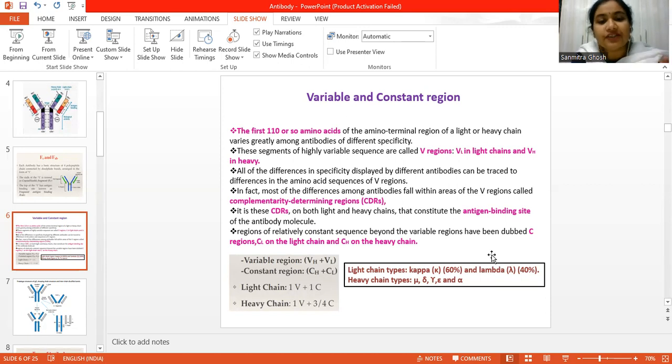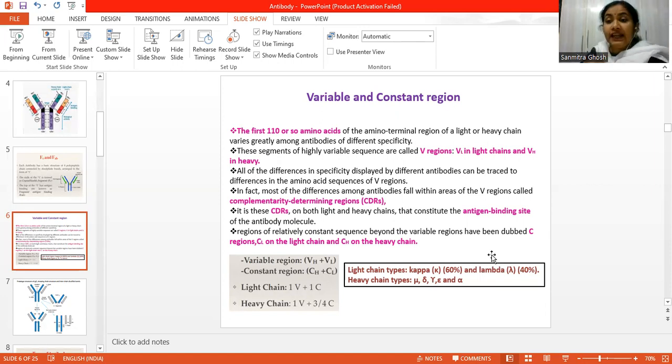And the regions of relatively constant sequence, that means the amino acid sequence will be more or less the same, okay, the regions of relatively constant sequence beyond the variable region are known as the C region or the constant region. They are conventionally referred to as CL on the light chain and CH on the heavy chain.